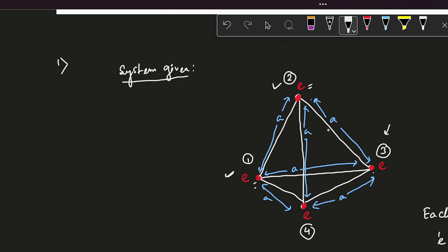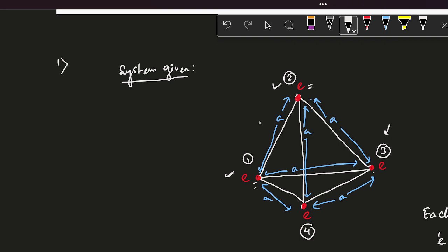Because you are talking about the overall system, you have to take into account the individual interaction energies between each of the pairs. So you cannot neglect this interaction energy already happening between particles 1 and 2 just because they were from before. You have to take that into account and add it up with the newly introduced energy because of the new particle at site number 3, and you basically sum up all three contributions.